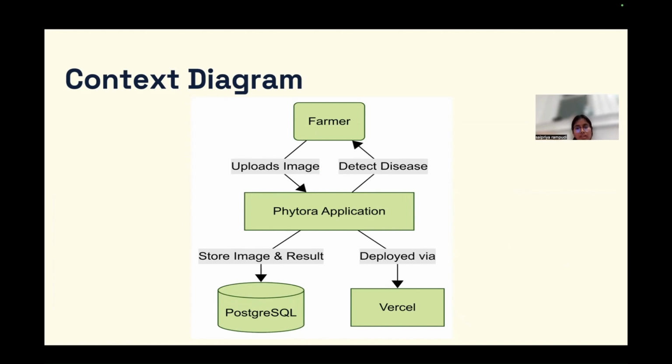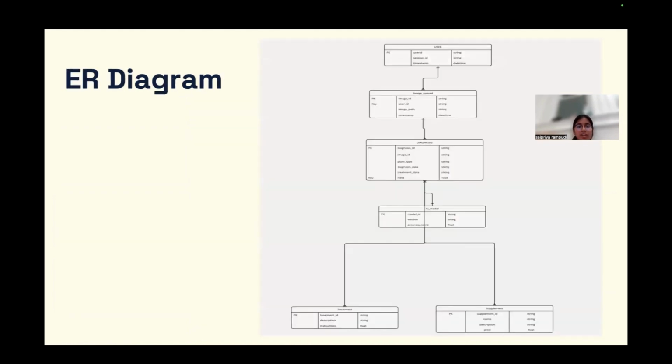Coming to the ER diagram, this ER diagram represents the data schema of the Pythora system, showing how different entities are structured and connected. The system consists of multiple entities, including users, images, diseases, and results, as shown in the image. Each farmer is identified as a user, and they upload multiple images which are stored with metadata such as timestamps and image paths.